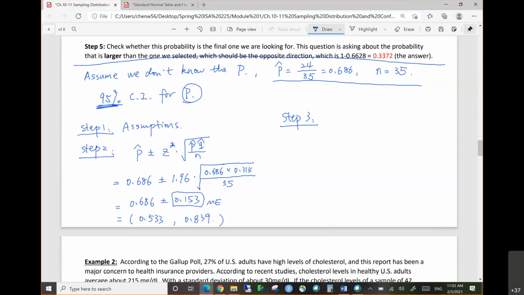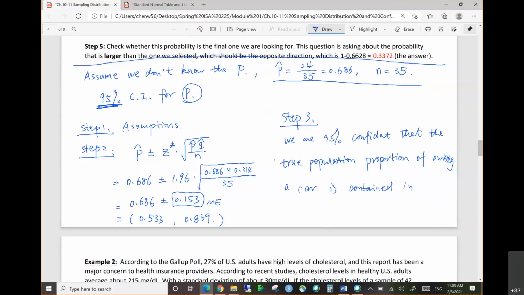We say we are 95% confident that the true population proportion, in our case the proportion of owning a car, is contained in the interval of 0.533 to 0.839. All right, and then we are done.